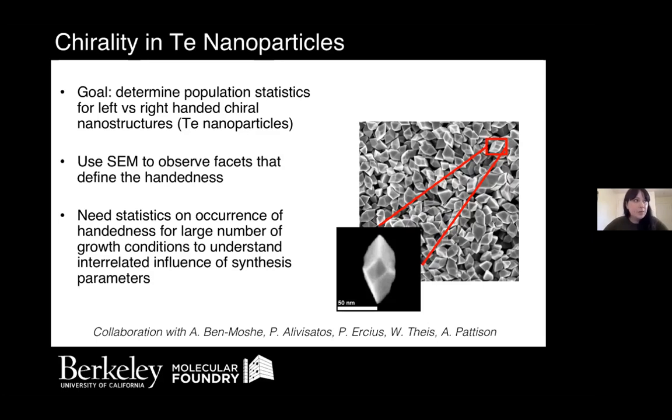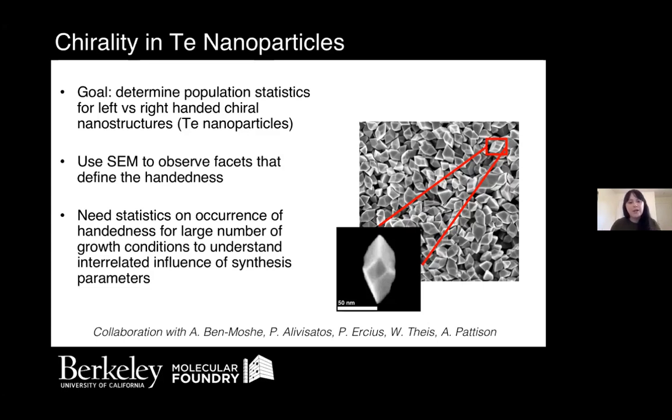The reason that we want statistics on the occurrence of handedness here is because the synthesis of these materials is not perfect. If we want to obtain size and shape control alongside perfect control of chiral population, this has not yet been achieved.